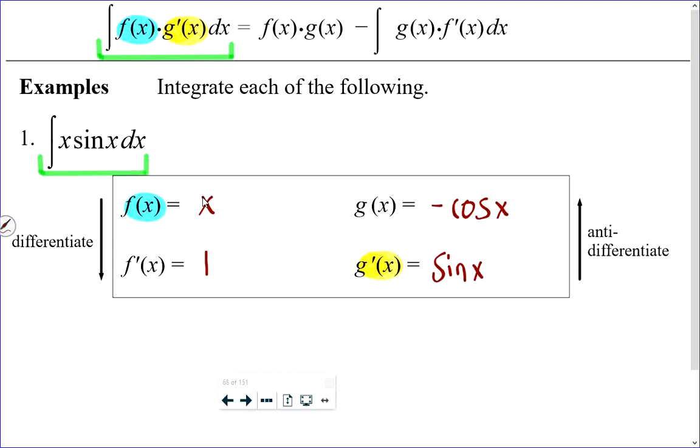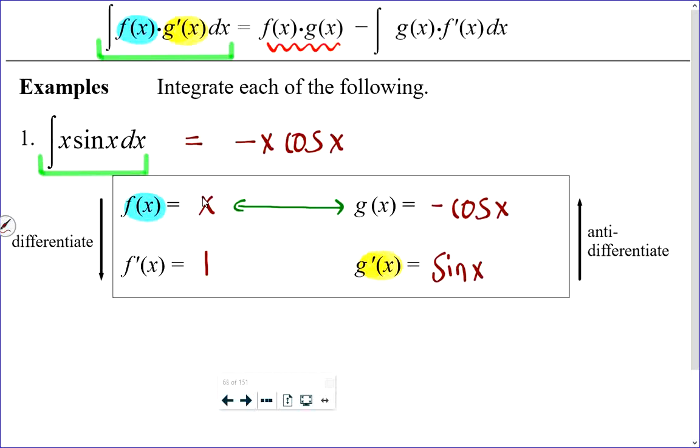So what is this integral equal to? It is equal to, and what I'm going to draw on this box is a visual that might be helpful, it will always be equal to the product of these two. If you look up here, it's equal to f of x, g of x. So we have to multiply those two. And then the formula says minus the integral of g of x f prime of x.